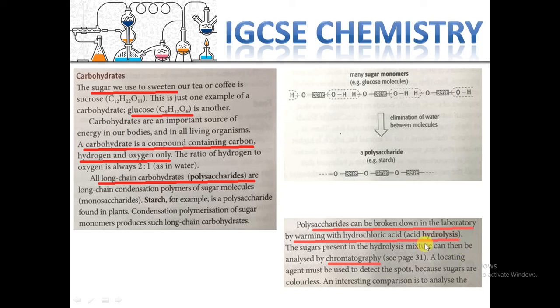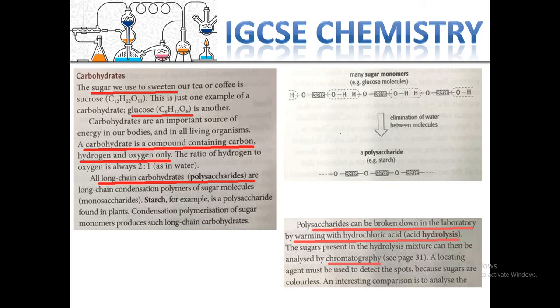Then we can break down the polymer. And after breaking down the polymers, chromatography can be used to separate the monomers. So that's all for this part. This is the last part of chapter 11. So please memorize and finalize for this chapter.